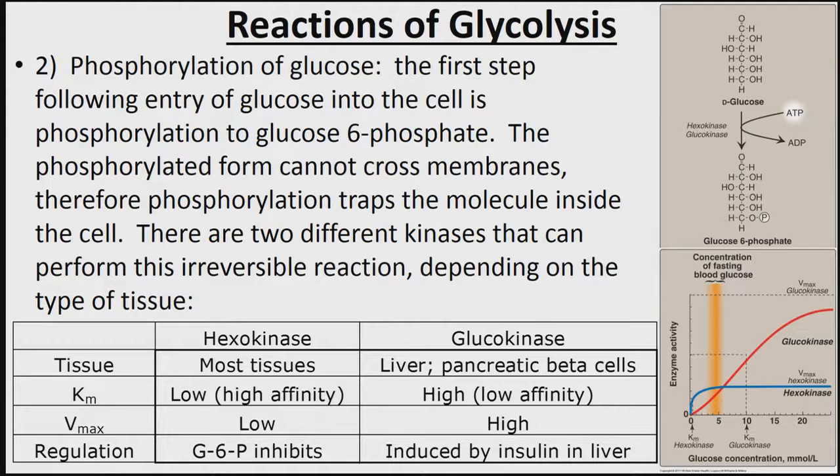Okay, so it's going to have a low affinity, but it's actually got a very high Vmax. And why is that? Because the liver has to deal with large volumes of glucose when you eat a high carbohydrate meal. The bulk of the glucose is going to be processed through the liver. So it has to deal with huge volumes, but it only deals with glucose when it gets high. Okay? So it's only going to phosphorylate when it gets high. Does that make sense to you?